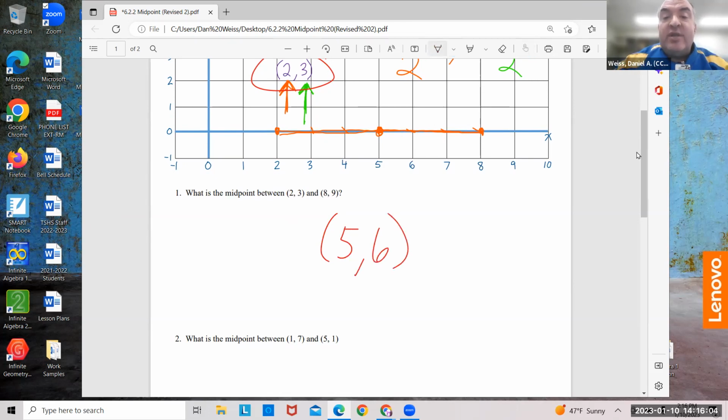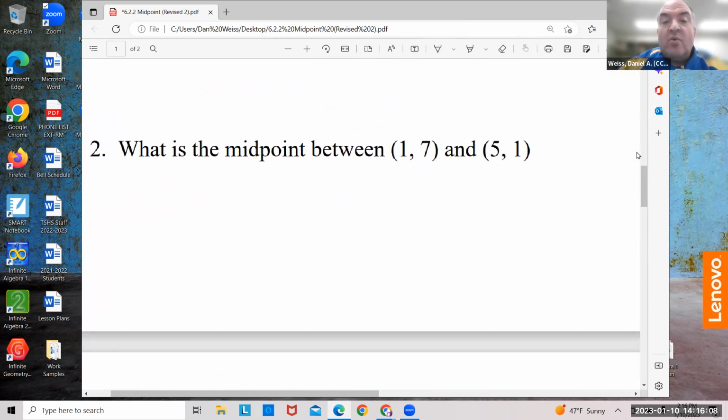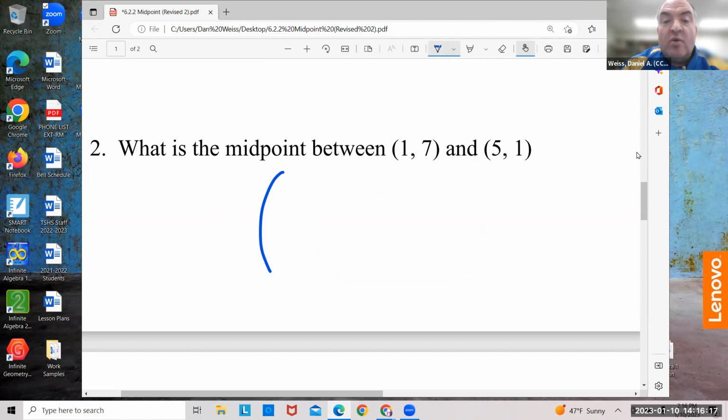Okay, now let's do the next one without any graphing, okay? What is the midpoint between 1, 7 and 5, 1? All you're going to do is take 1 plus 5, right? This 1 and this 5 and divide by 2.